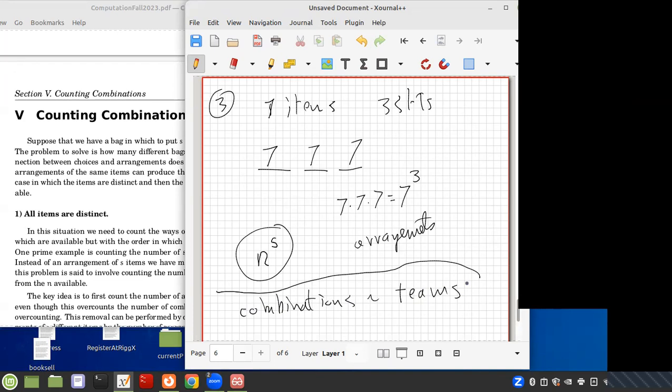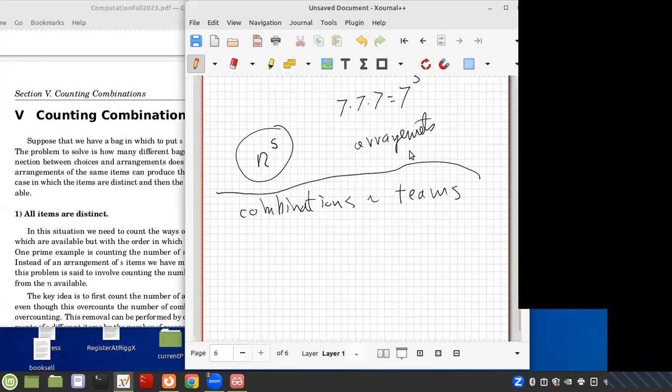If the 10 people ran a race, then for the people who came in first, second, third, fourth, and fifth place, you'd want to know how many sequences. So that would be like counting sequences. But we want to count, if you have 10 people, how many different teams could you make by choosing 5 for a 5-person team, right? So these are combinations. That's what we mean by the word combination.